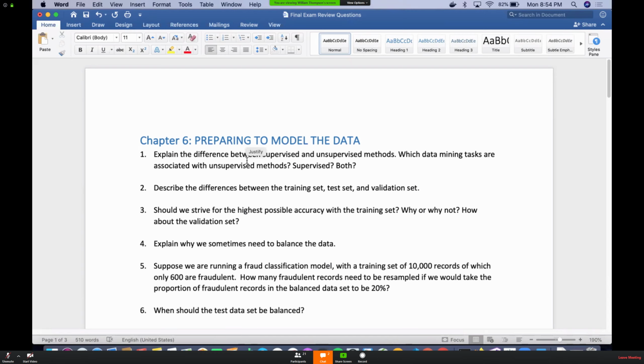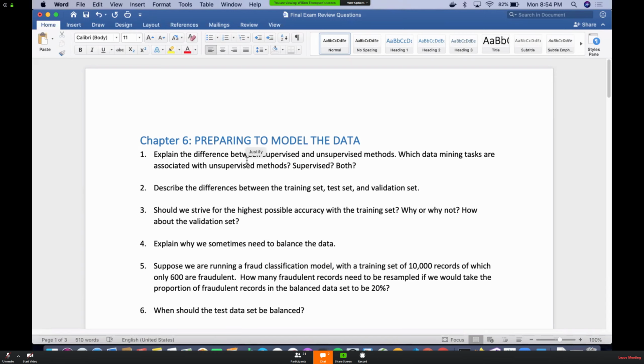Because if we maximize the accuracy of the model against the training set, that will lead to an overly complex model. And once we have that, we shift into overfitting. So this will introduce a problem of overfitting.